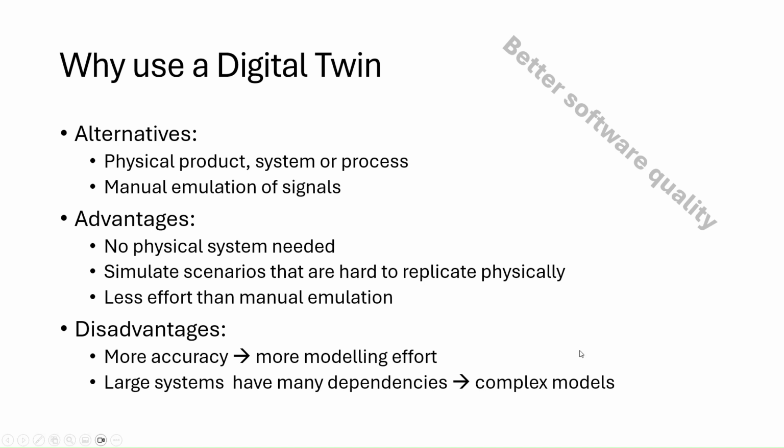The way we want to mitigate those disadvantages is by starting with a low accuracy. So you really want to start simple. You could just have a look at basic physics equations, or you could even use a proportional approximation of the signal.